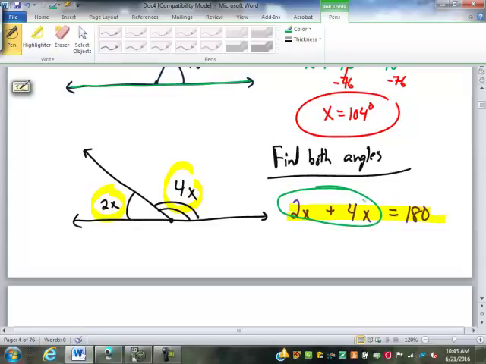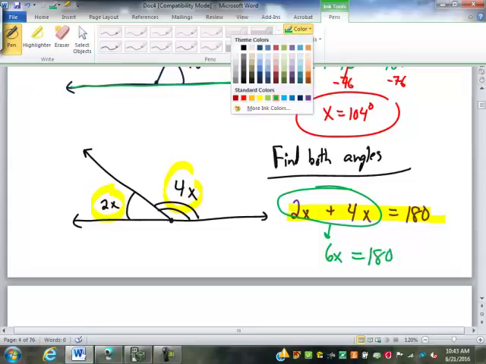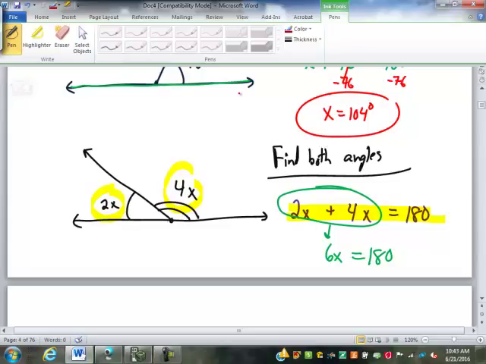The x appears twice, but they're both on the same side of the equation, so we can just combine them into one big pile of x's. 2x and 4x make 6x. So 6x equals 180. And then we solve it by dividing by 6. x equals 30.